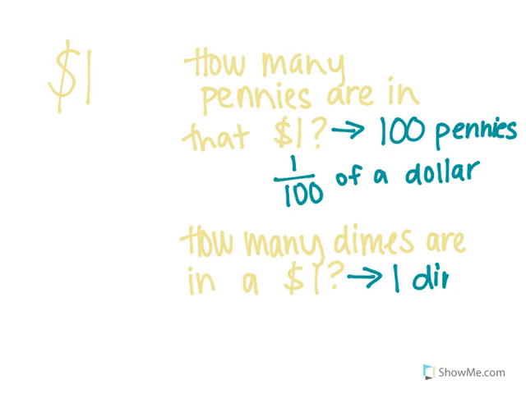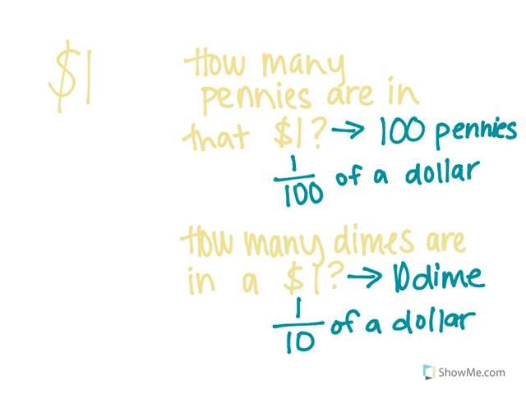Oh sorry, there's 10 dimes in a dollar. So if I gave you 1 dime, you would have 1/10 of a dollar because you have 1 of the 10 pieces that create a dollar. This is going to be helpful as I talk about fractions today.